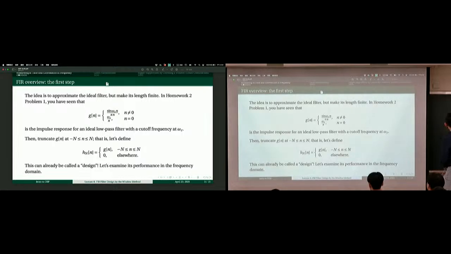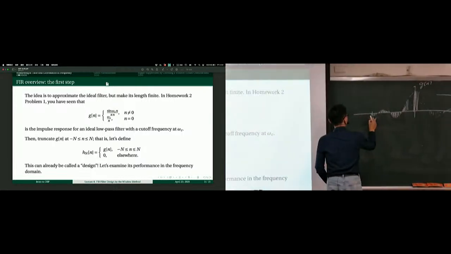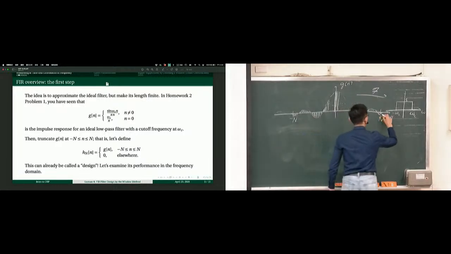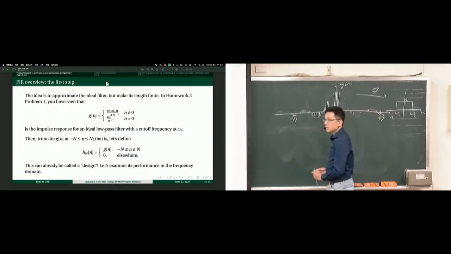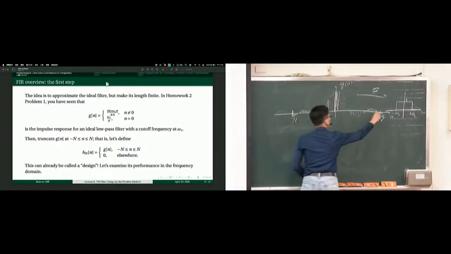It's a fair enough approximation. g goes on, but h is only defined between plus and minus n. In that way, we make a truncation. We choose only the middle part, preserving it symmetrically, from here to here.